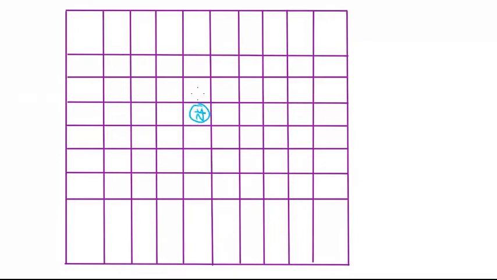Well, a knight can move to any of these spots, but a king can move to any one of these spots. Well, here's a king knight. This king knight can move to any one of these blue spots.